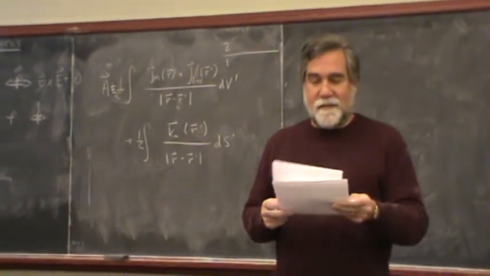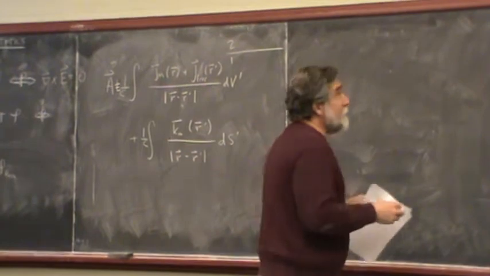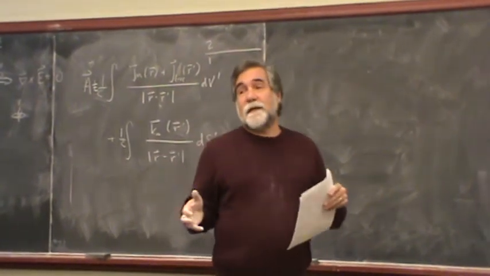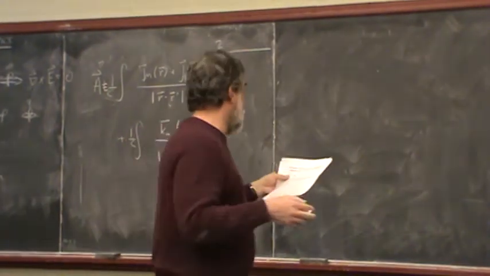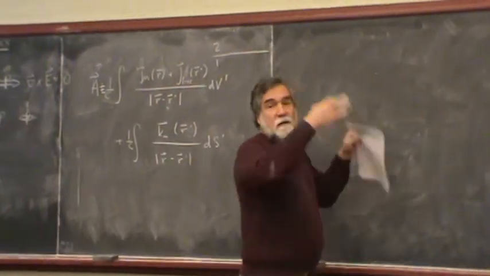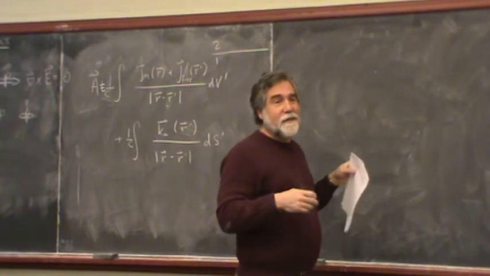Okay, good. All right. So what about the B field due to an infinitely long rod of magnetized material? I'm going to do the easy one and then give you homework for the hard ones.